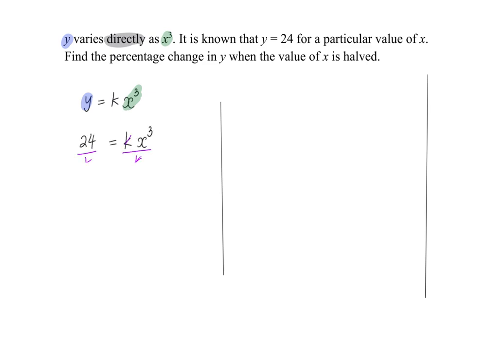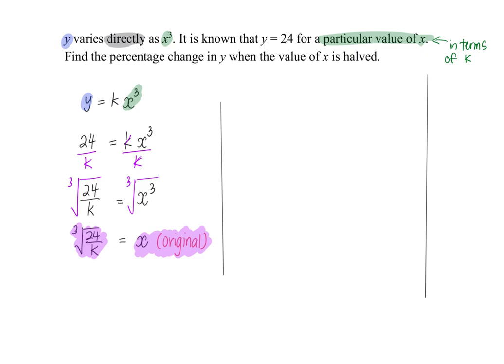So I'm going to substitute y as 24, and I'm going to find out what this particular value of x is in terms of k. And let's see where that will lead us. Okay, so I'm going to divide by k on both sides and cube root and come to this original value of x when y is 24, which is cube root of 24 over k.